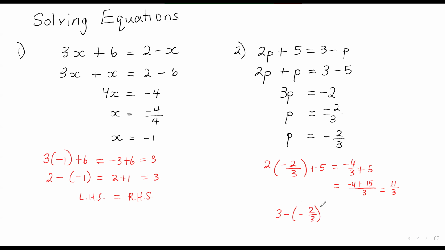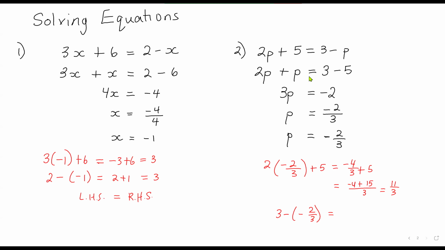Did I make a mistake? Where did the 15 come from? Oh, okay. Fractions. I know you're worst enemy, Zafi. All right. So it's negative 4 over 3 plus 5, right?